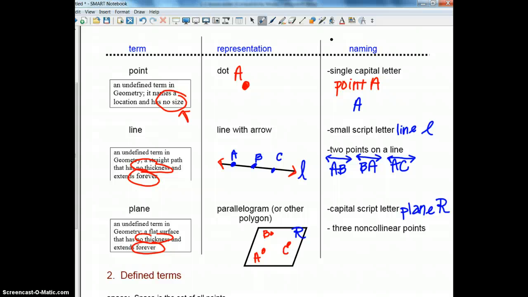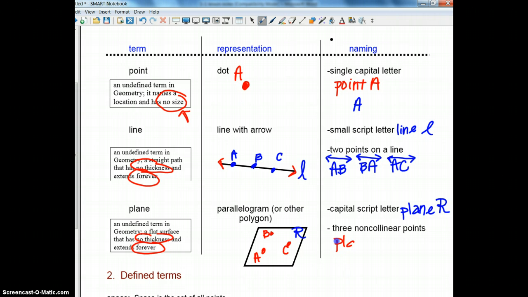If I'm going to use the points, then I have to use 3 non-collinear points. Something that we will talk about is what the word collinear means. Collinear means to have 3 points on the same line. Up here, A, B, and C are collinear. They're all on the same line. A, B, and C are not all on a line together.